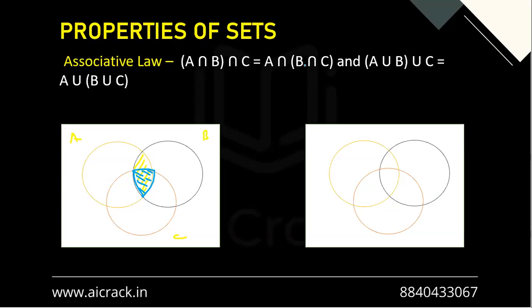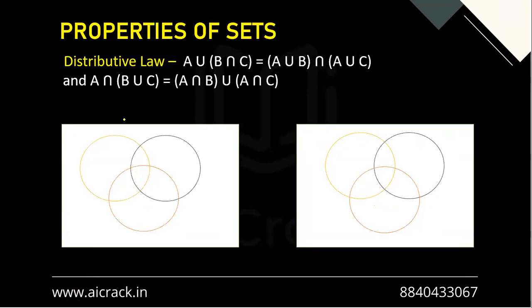Now let's do B intersection C first. So this is A, this is B, and this is C. B intersection C is this, and intersecting it with A, we get this region only, right? So in both ways, we are getting the same region. So that's why associative law, we can prove it by Venn diagrams.